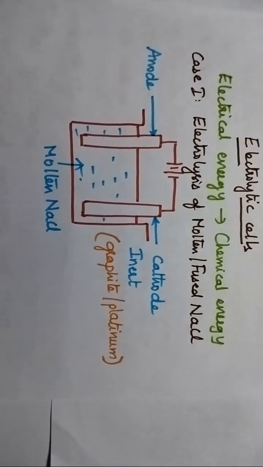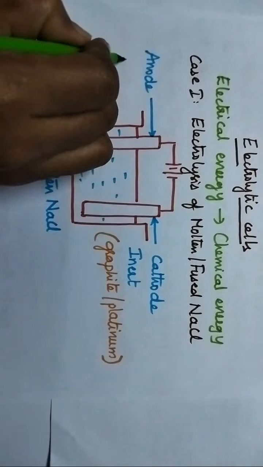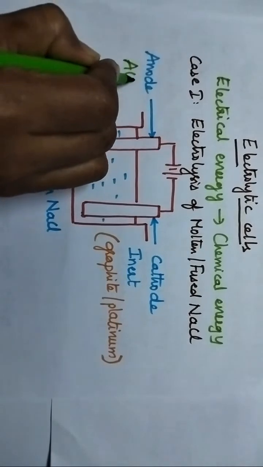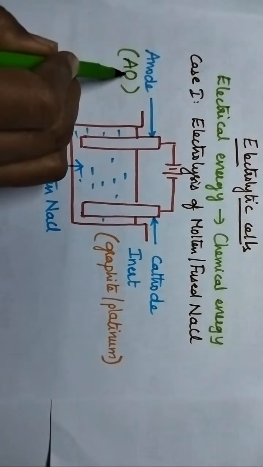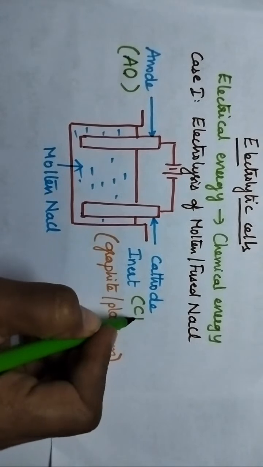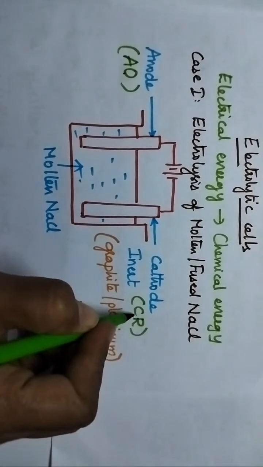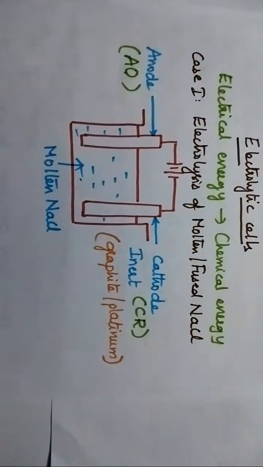So always at the anode oxidation takes place. You simply remember the term AO: oxidation takes place at the anode. Similarly, CR means reduction takes place at the cathode.